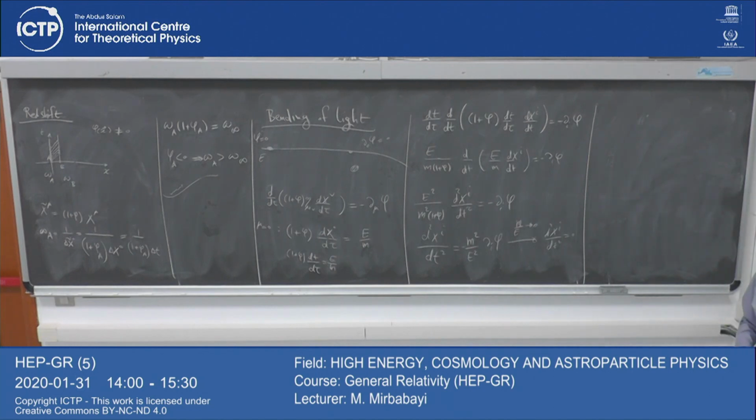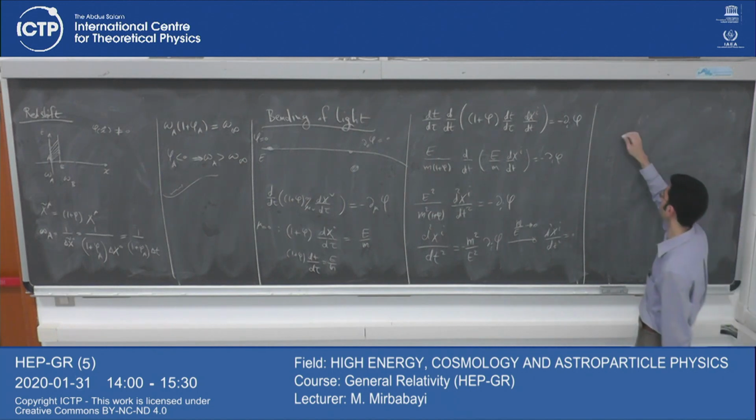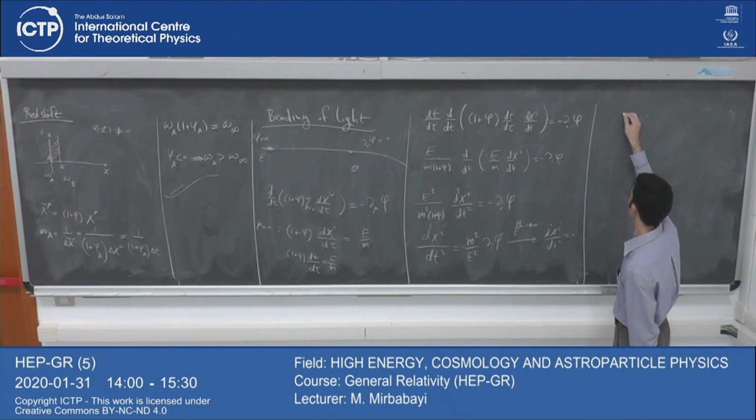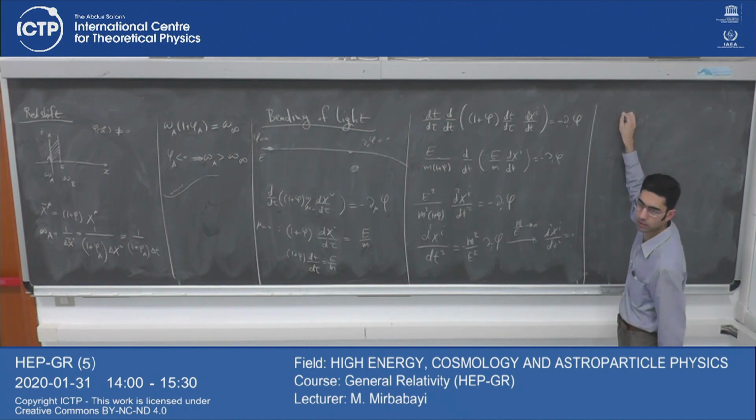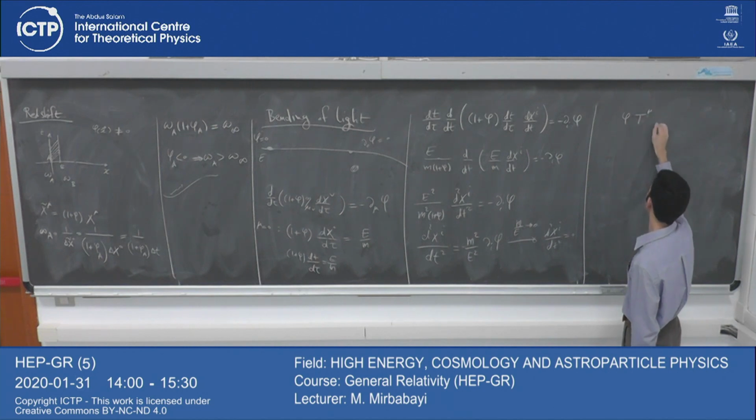One other way that you could see this is to consider the coupling of phi to matter. Remember, we said that phi couples to matter via the trace of the energy momentum tensor. So you have phi times T mu mu.